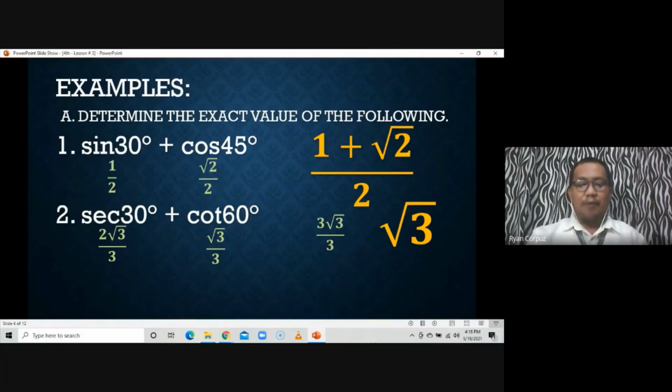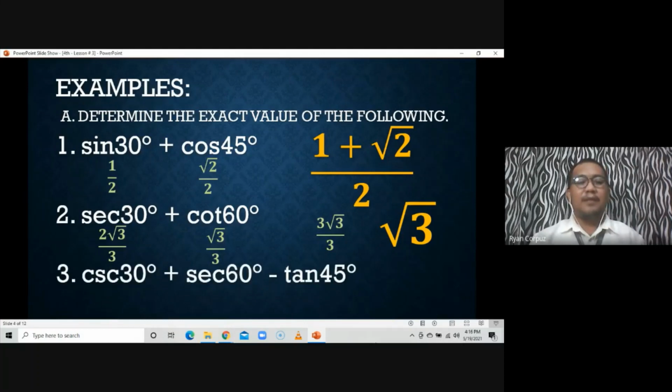So another example. Let's have example number 3. Cosecant 30 degrees plus secant 60 degrees minus tangent 45 degrees. So, hanapin yung value ng cosecant 30 degrees on the table. Hanapin yung cosecant, katapat ng 30 degrees. So, that would be equal to 2. How about secant 60 degrees?